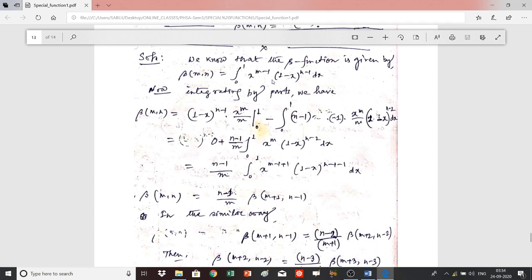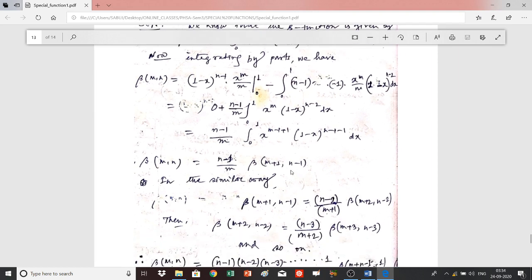You can easily see that here it is m minus 1, and here it is m plus 1 minus 1, so m is replaced by m plus 1. And here it was n minus 1, now it is n minus 1 minus 1, so n is replaced by n minus 1. So it will be beta (m plus 1, n minus 1). So beta mn is equal to (n minus 1) by m beta (m plus 1, n minus 1).